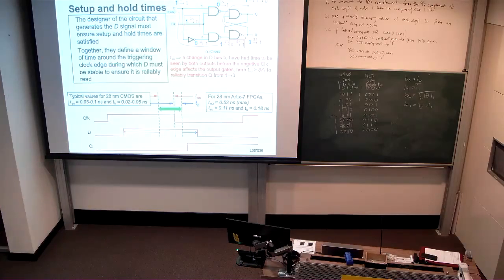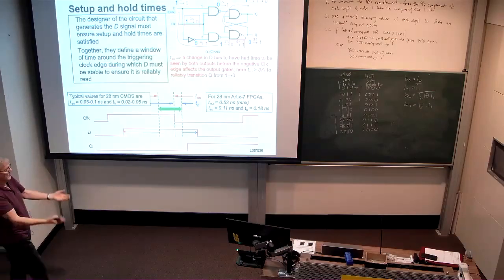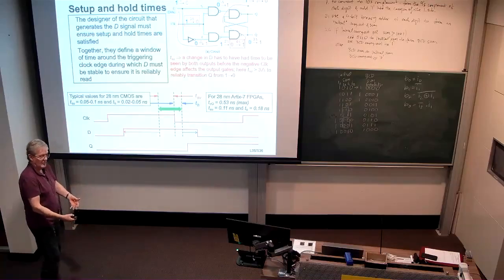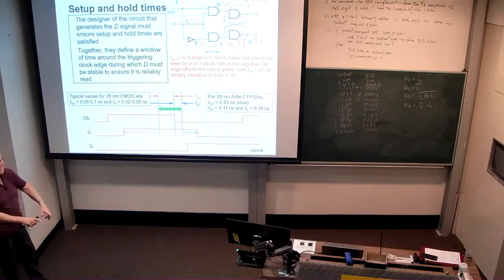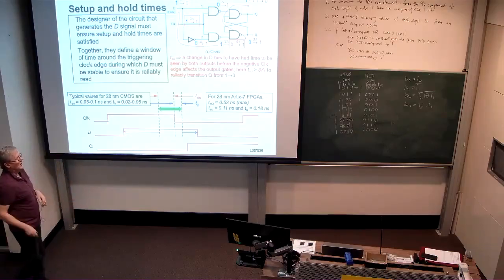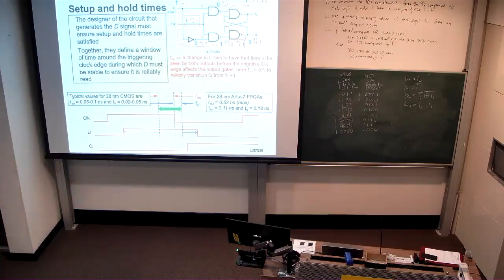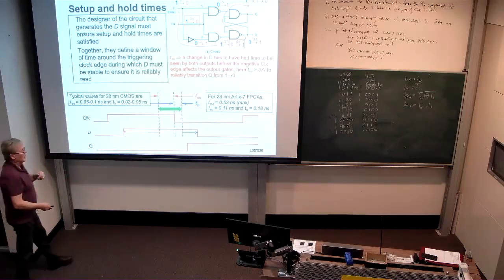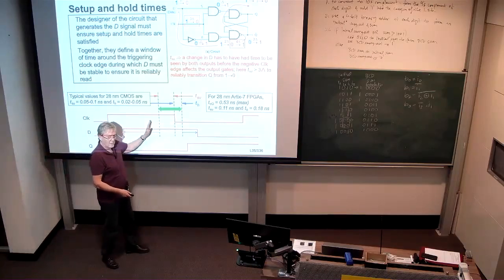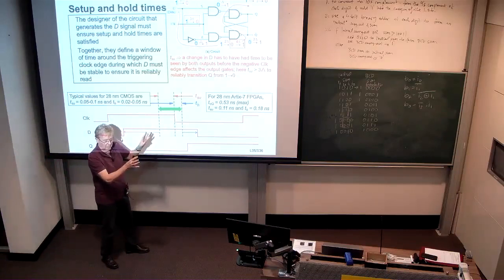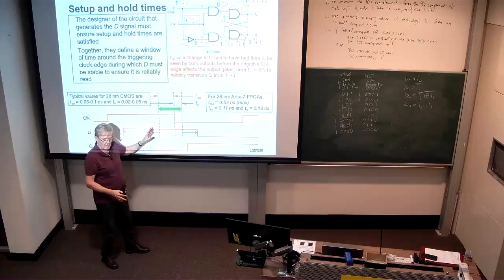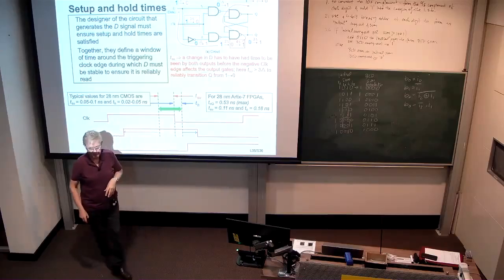So that would mean that we don't reliably latch in the feedback loop here the input, because there's a time difference between when Q and Q bar become the final value, the desired value, and we have to wait for that value to be reinforced by the gates so that we know it's stable. If we don't wait that period of time, we could very well enter a period of metastability on the output side of this latch. And that's why we have to preserve this setup time. We have to be sure that we've given our device, our flip-flop, our latch, enough time to see the input at the outputs. Okay?